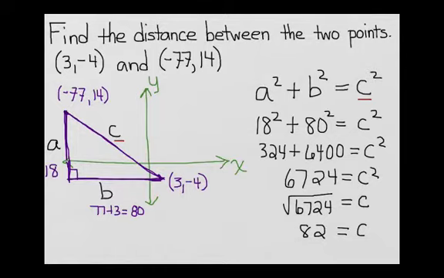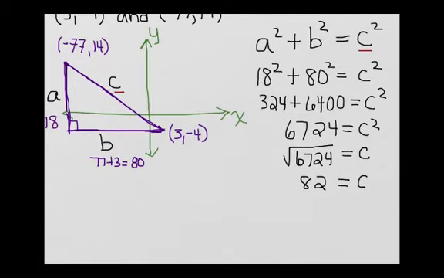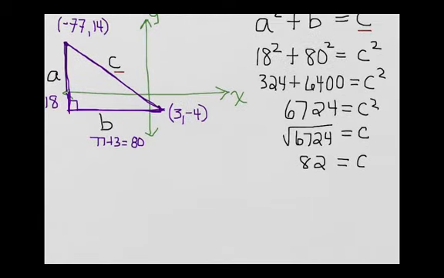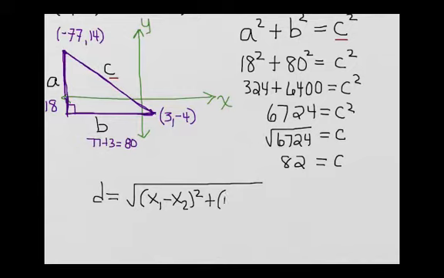So now I didn't do this using the distance formula, so let's see how this would work if we had used the distance formula. The distance formula tells us that the distance between those 2 points is going to be the x-coordinate of one of the points minus the x-coordinate of the other point squared, plus the y-coordinate of one of those points minus the y-coordinate of the other point squared.